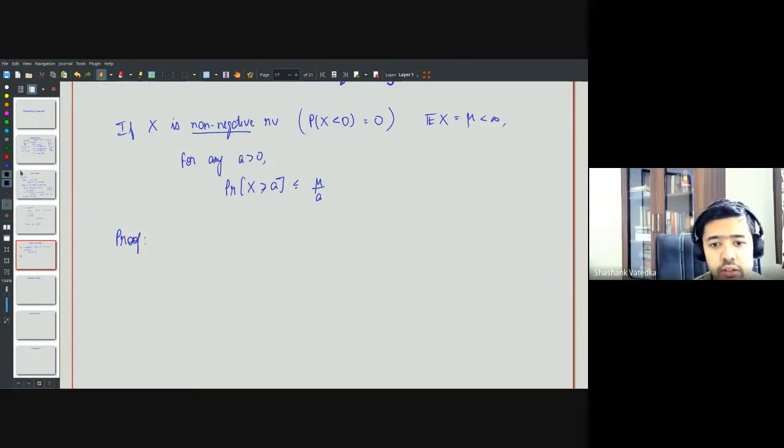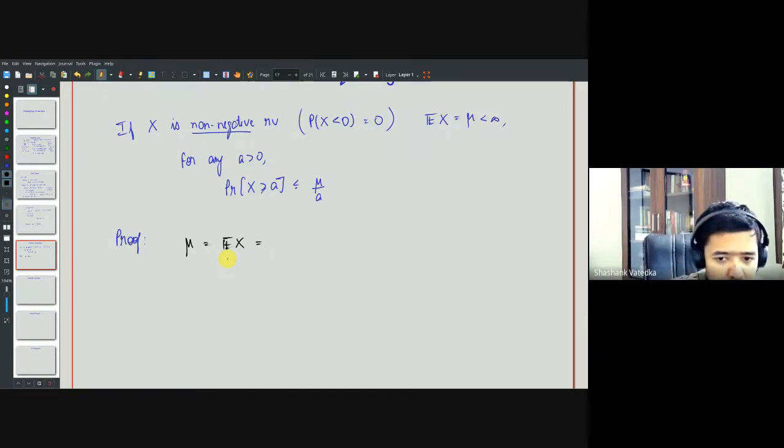Okay, so to prove this, we'll start with the definition of the mean. So mu is basically the expected value of x. The definition of the expectation can depend on whether it's a discrete or a continuous random variable. So let's assume that x is continuous.